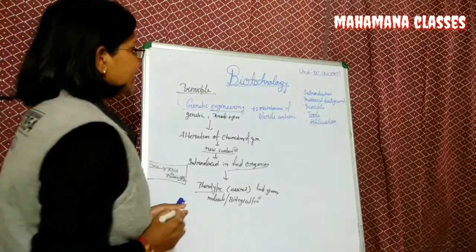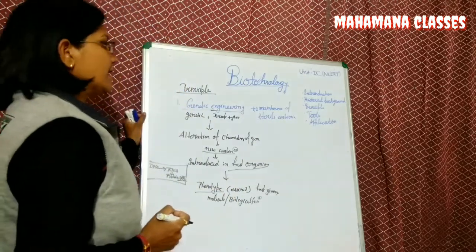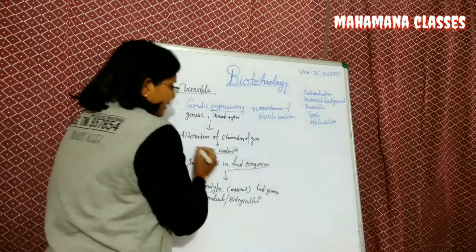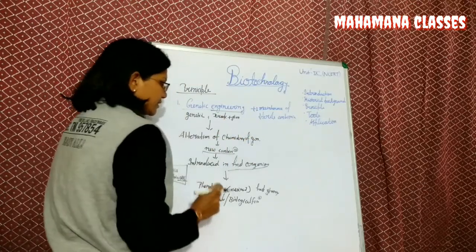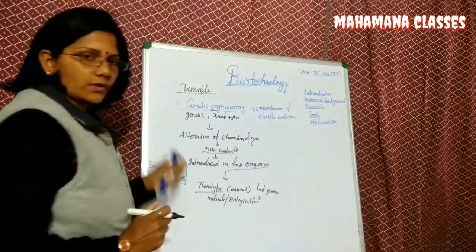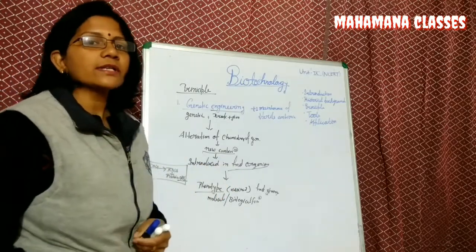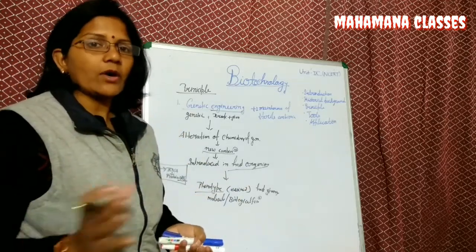Then the second technique, which I have mentioned, is the maintenance of sterile ambience. When this altered genetic material with a new combination is introduced into the host organism, the host organism will be cultured in the lab, in vitro.